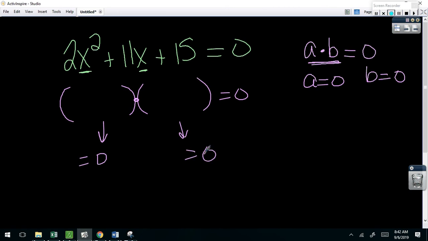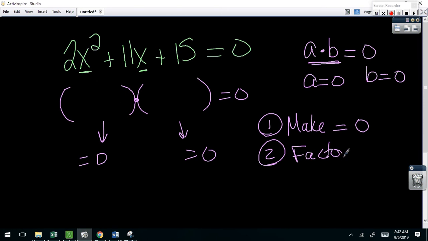Remember we've been getting 2 answers? We'll still get 2 answers, okay? So the way we're going to solve these is we're going to make sure they equal 0 first. Then we're going to factor so that we get those two pieces multiplied together. And if I'm going too fast through this, tell me, because this is Algebra 2 review.